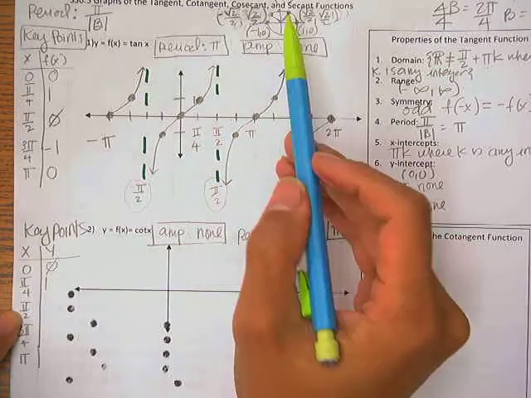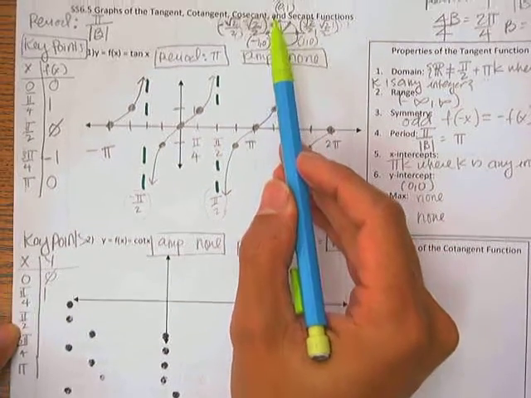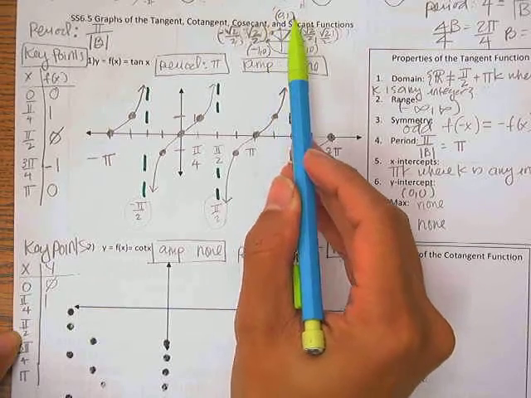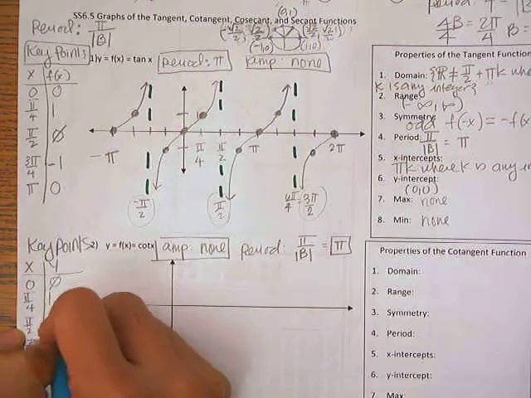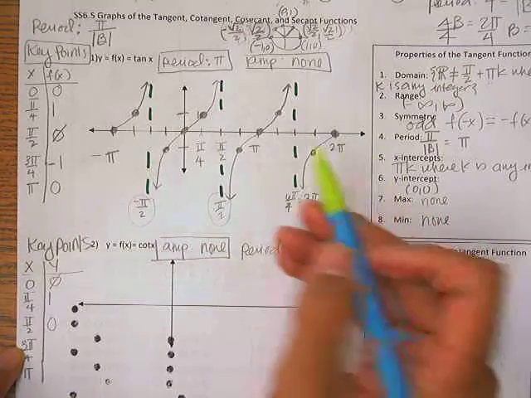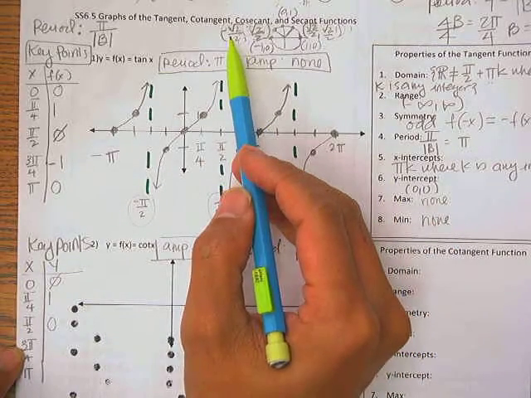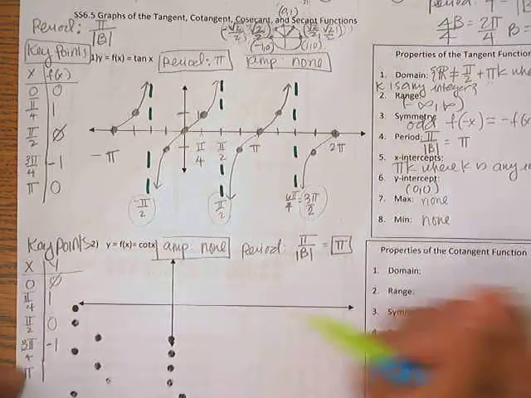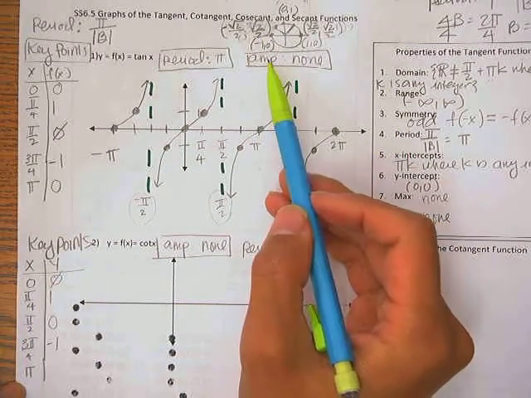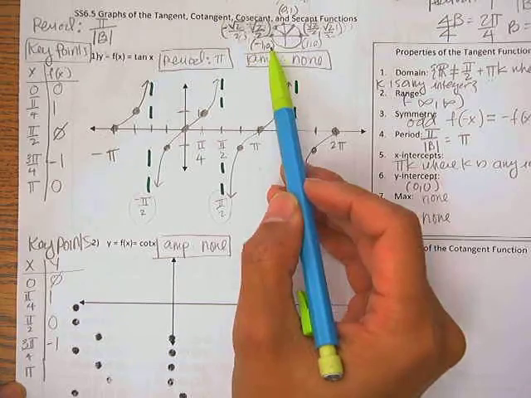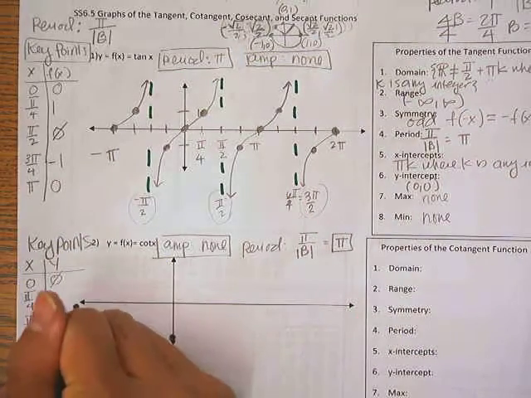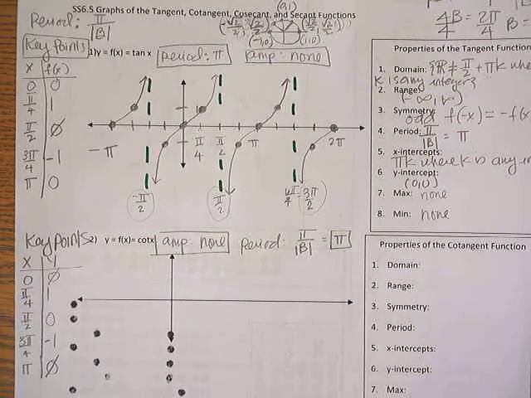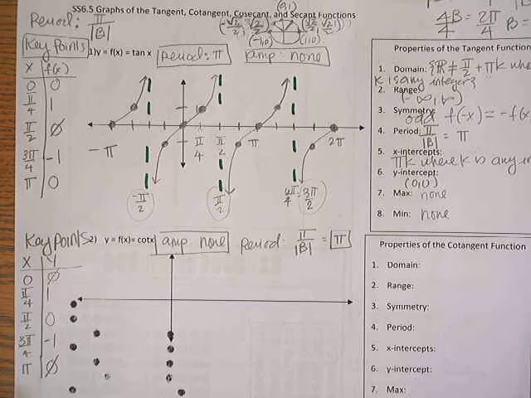Cotangent of pi over 2, x is 0 divided by 1, that's going to be 0. Cotangent of 3 pi over 4, x is negative rad 2 over 2 divided by positive rad 2 over 2, is going to be negative 1. Cotangent of pi, x is negative 1 divided by 0. Not going to happen. So these are my key points.